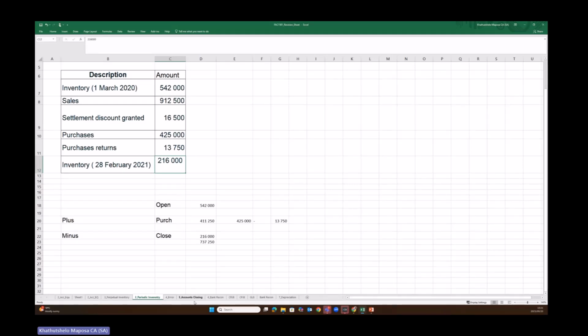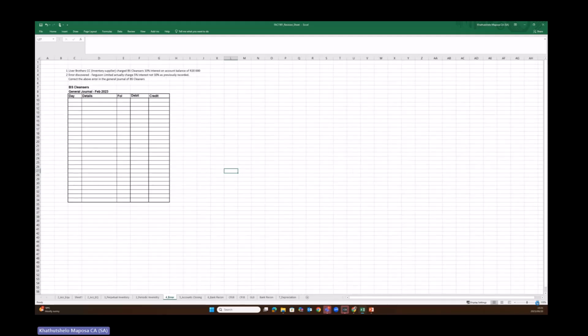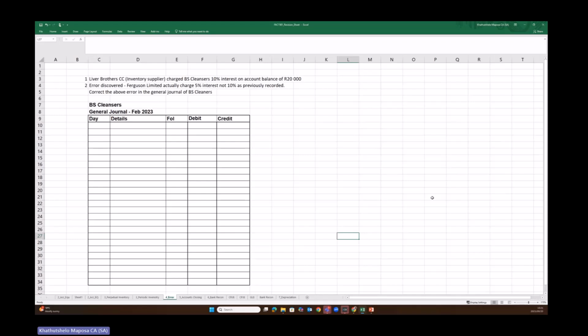Let's move on to item 4 of 7. Item 4 of 7 is one of those that are very complex but very easy to deal with. Correcting errors.